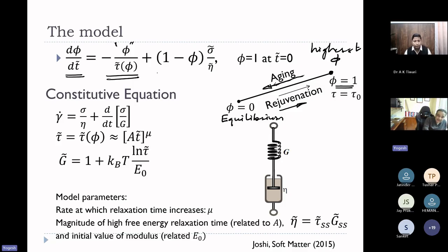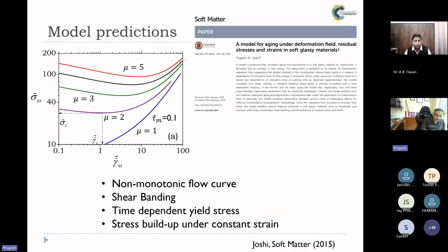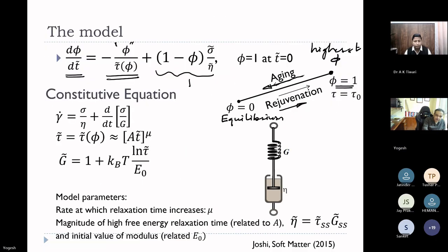Free energy increases by application of stress or deformation field, so the second term is associated with increase in free energy because of the deformation field. The first is a decrease in free energy because of thermal motion.